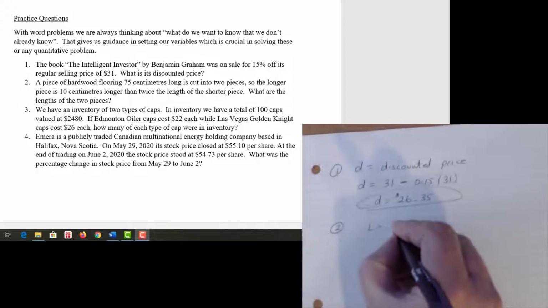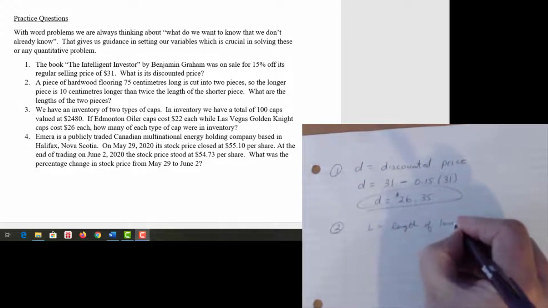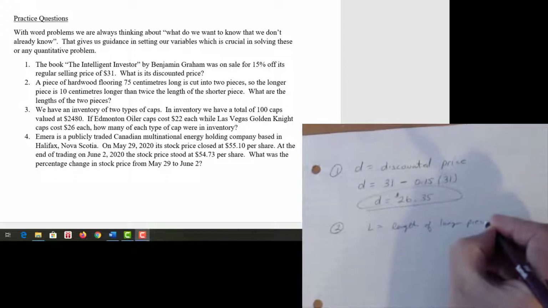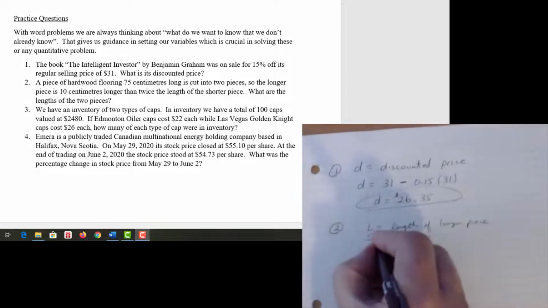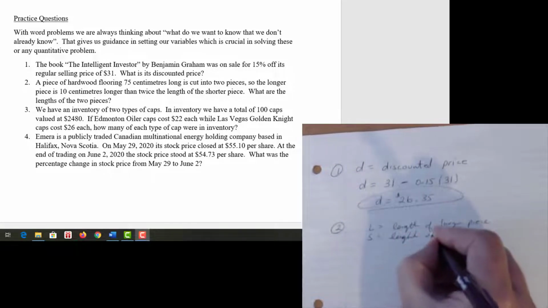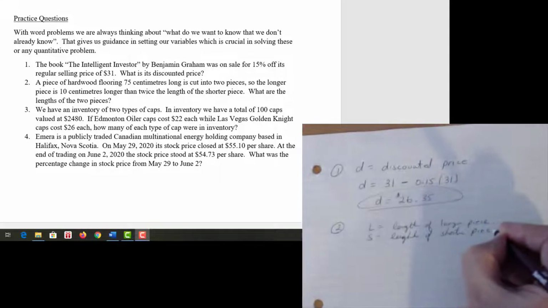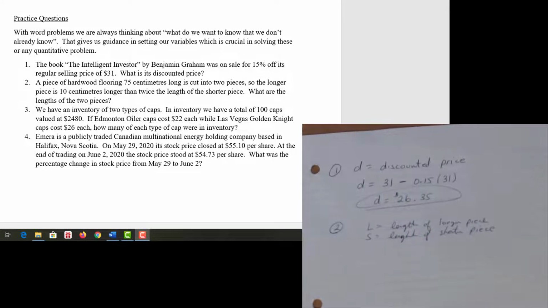L, we'll make that the length of the longer piece. And S, we'll make that the length of the shorter piece. Right? That's it. So now I have my two variables.